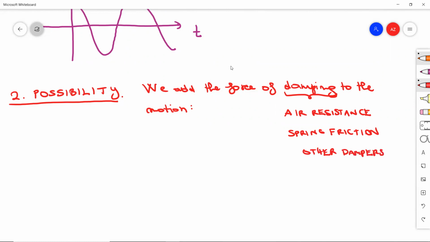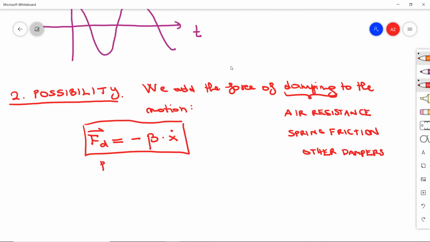And it turns out, this is again a physical model, that the force of damping is proportional to the velocity. So the force of damping opposes the motion. That's why it's minus. And it's proportional, with proportionality constant beta, times velocity. So velocity is in fact the x derivative. So this is a model.